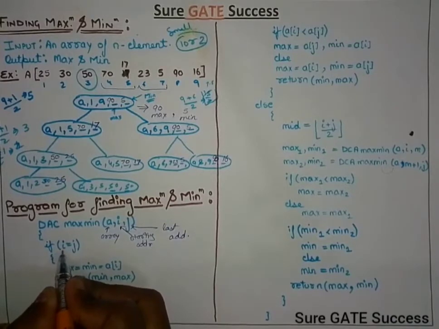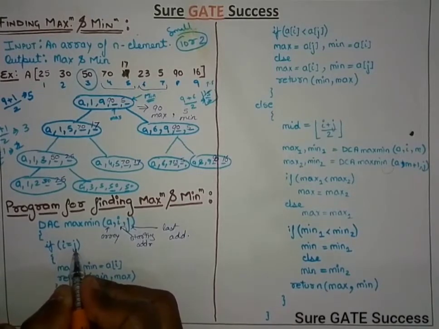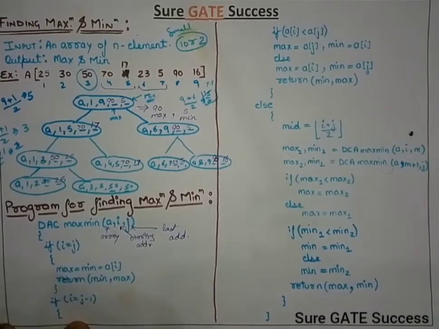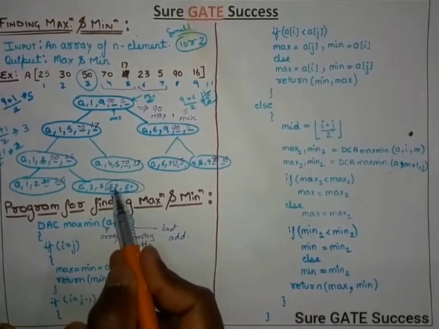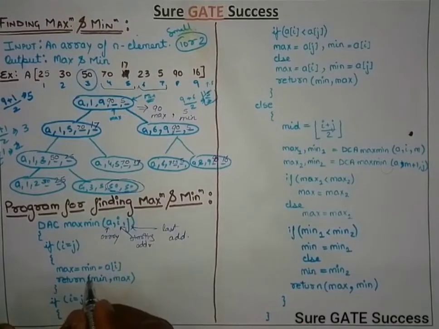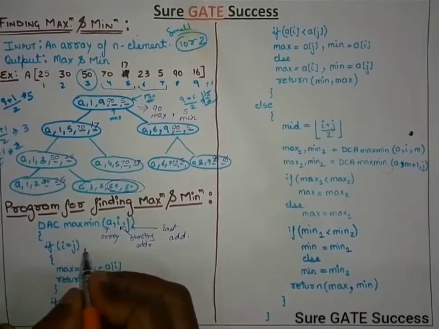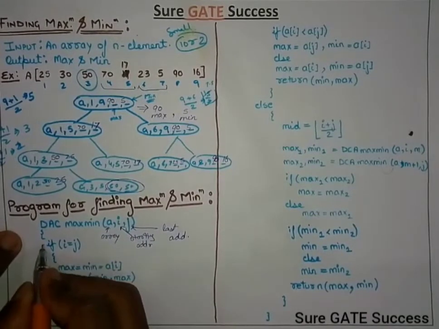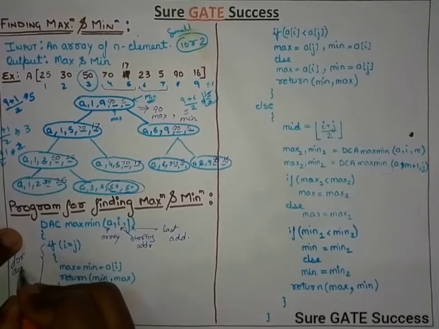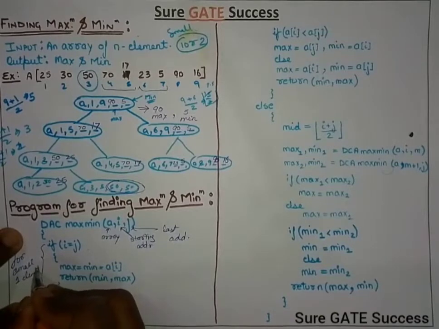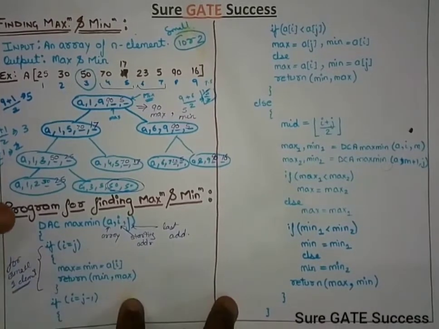If the starting address and the last address are the same, then there is one element. If there is only one element, it will be the maximum and the minimum, as here 50 is the maximum and 50 is the minimum. So return max and min. This one is for a small problem, for one element.